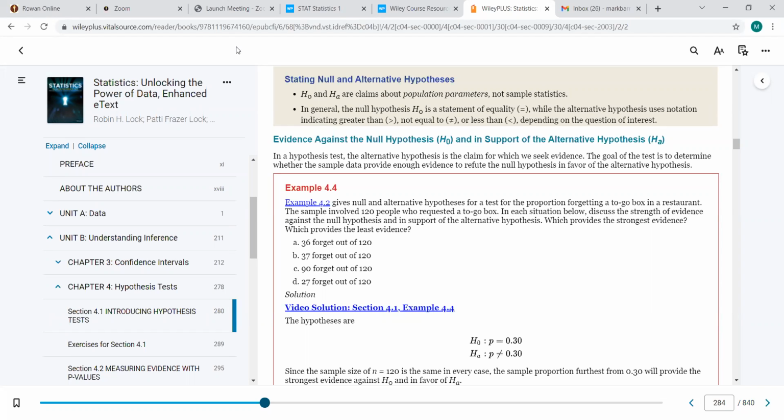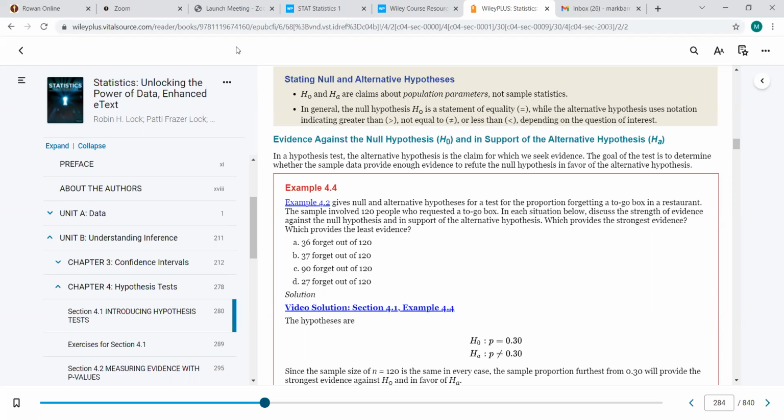So you're sort of right in a sense, but there's another answer here where we could absolutely say there's very little evidence to reject the null of 0.3. And which one is that? It's not D, because D is different than 0.3.